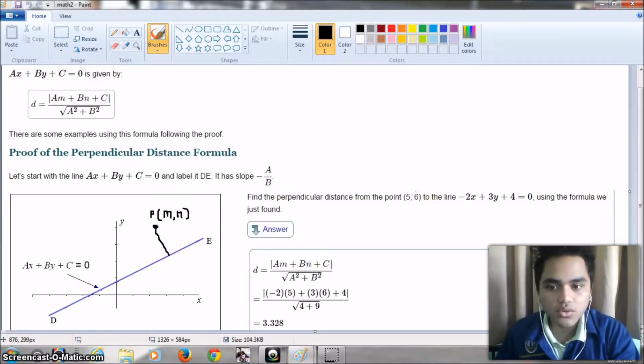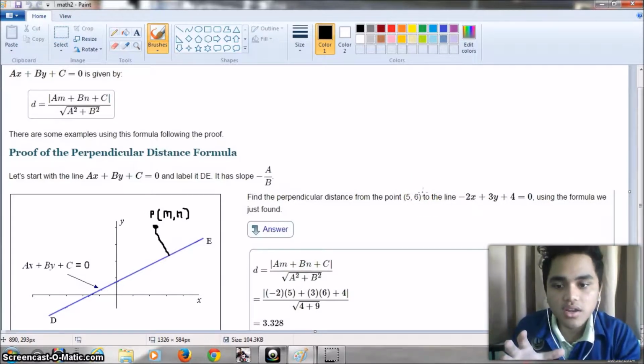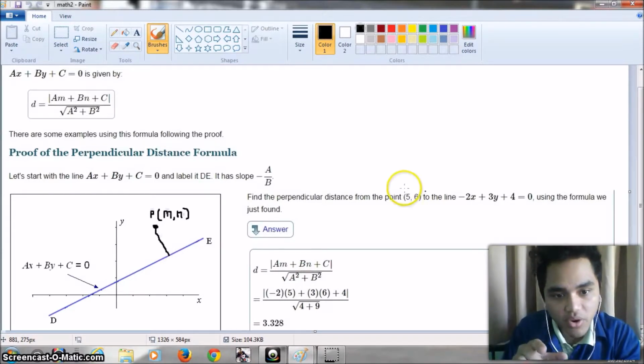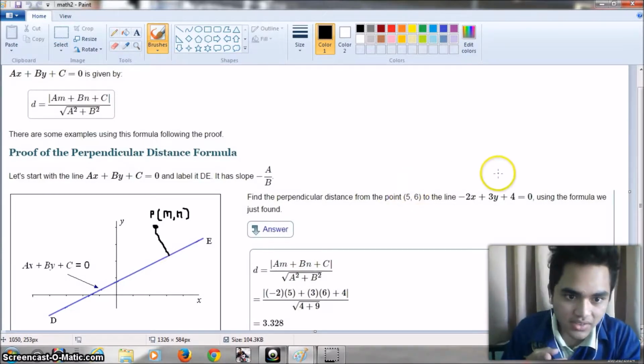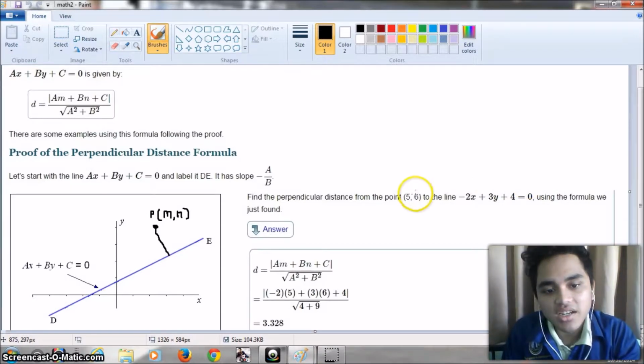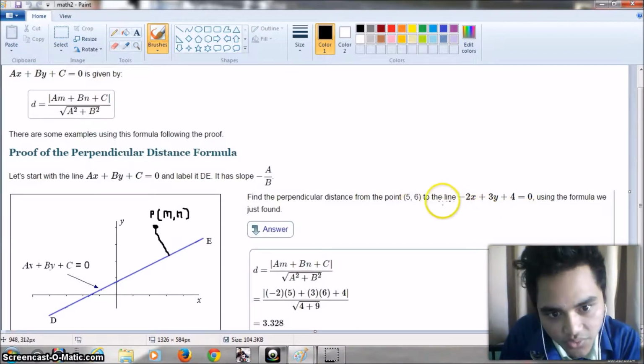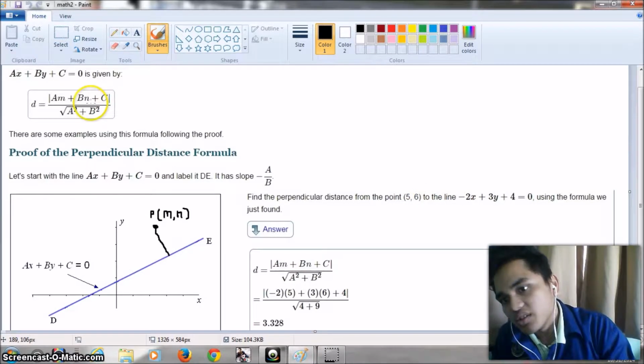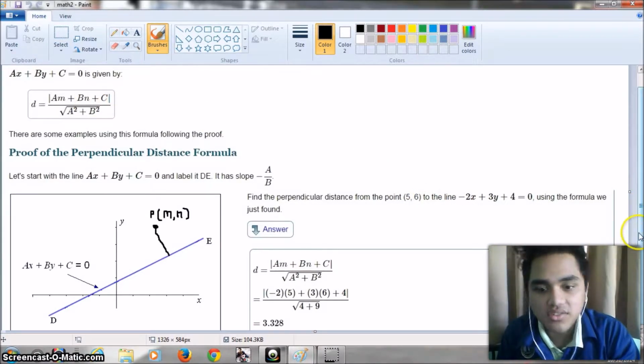We have to find the length from the point (5, 6) to the given line. We just substitute the information extracted from the question into the formula. It is very easy, right?